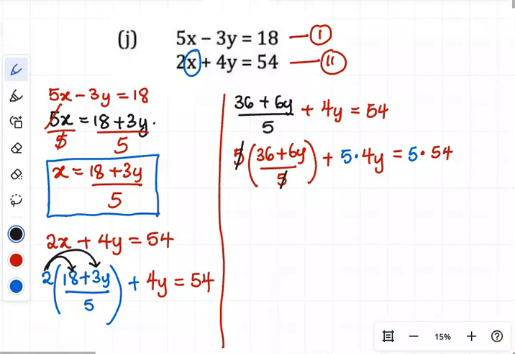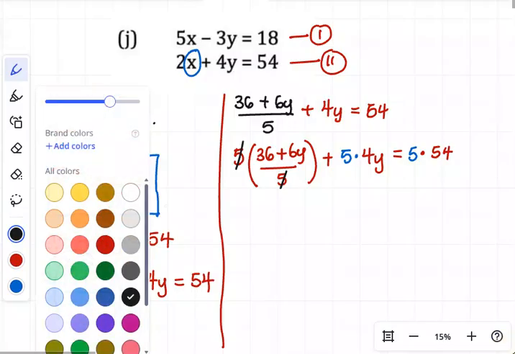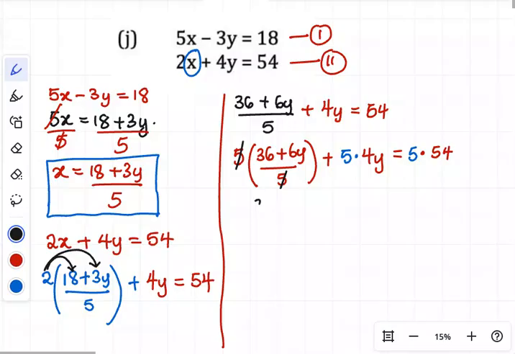Because 5 is at the numerator here, we are left with 36 plus 6y, then plus, when you multiply this, we have 20y, then equals, when we multiply this, I guess this should be 270, right?